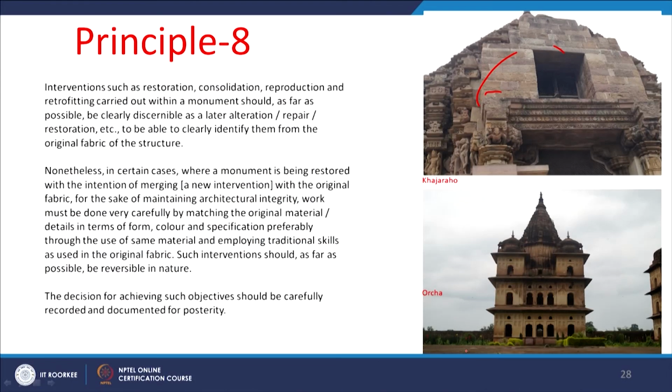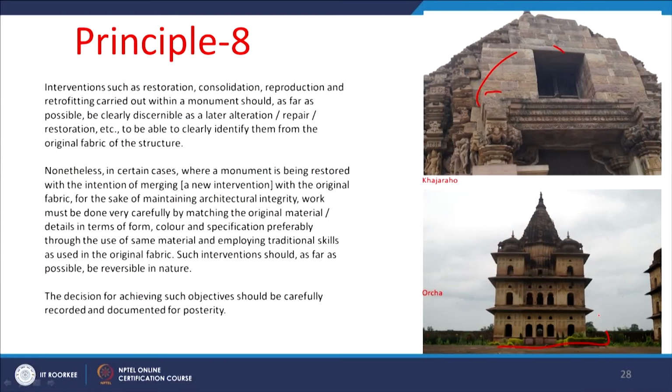Even in Orchha, you can see that some of these cenotaphs have been restored, and the landscape gardens which they have made attract the tourist, but should not dominate that historic context. And the main thing is the decision of achieving such objectives should be carefully recorded and documented for posterity.